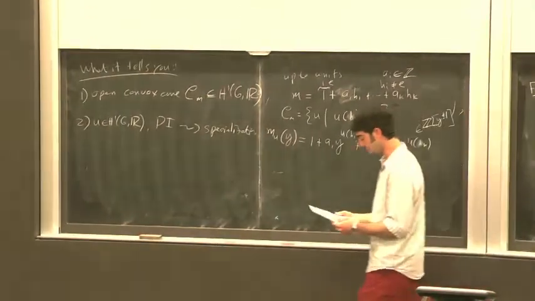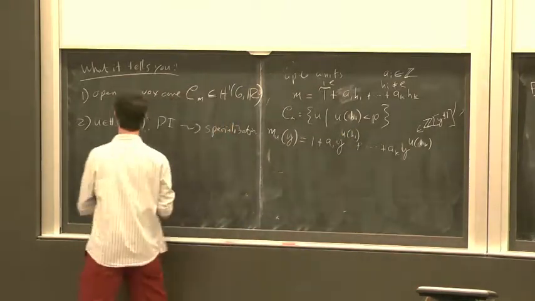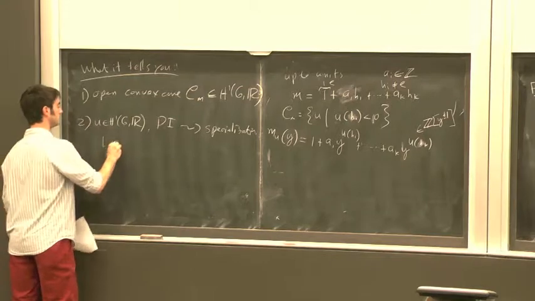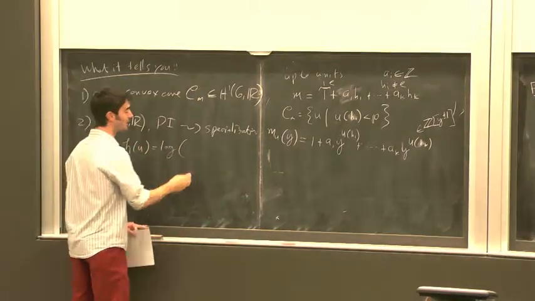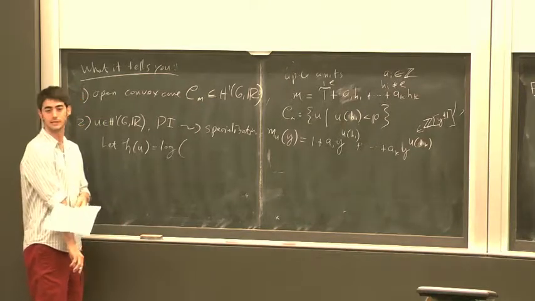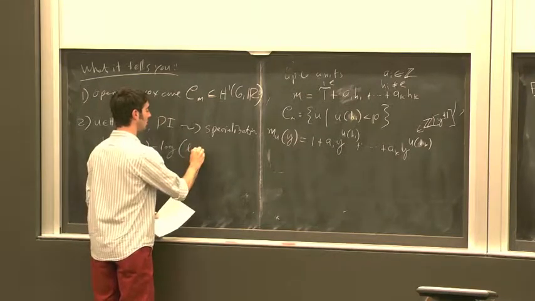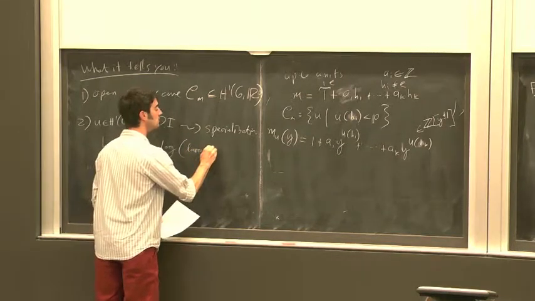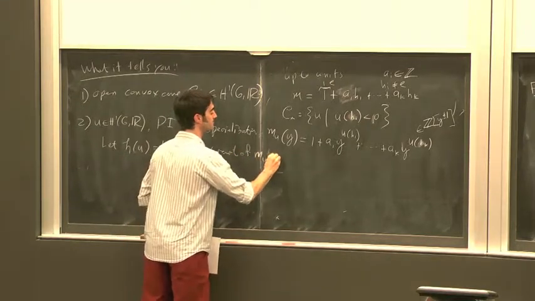Okay, so then I could look at h_u. I'll declare it to be the logarithm. So now we have an actual polynomial, and I can look at the spectral radius, or the absolute value of the largest root of that polynomial.